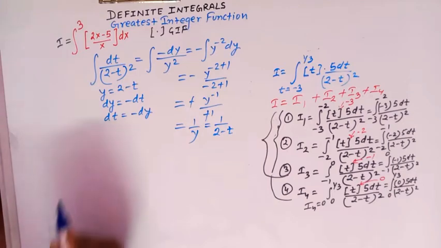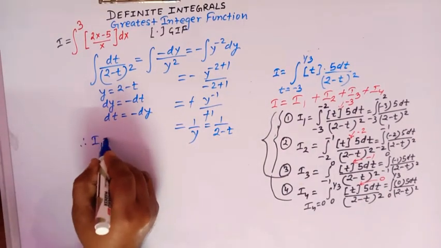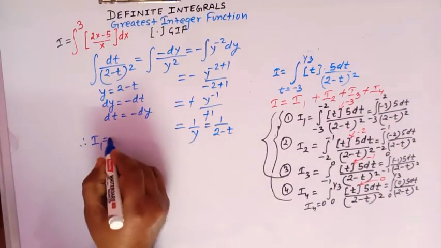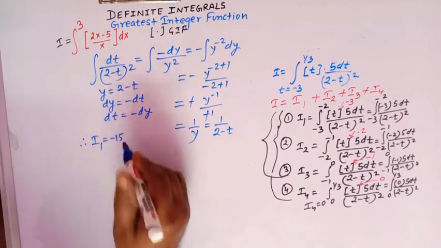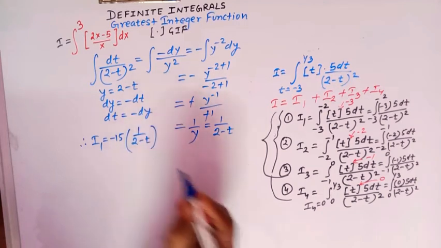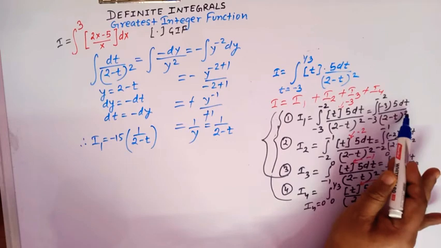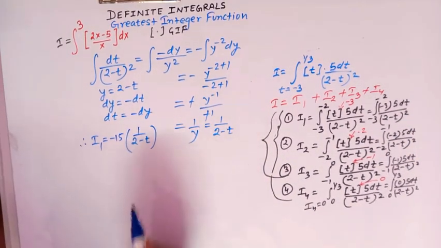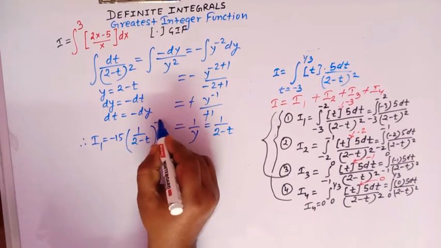Therefore I1 becomes minus 3 times 5, that is minus 15, times 1 over 2 minus t, because the indefinite integral of 1 over (2 minus t) whole square is 1 over 2 minus t, with limits from minus 3 to minus 2.